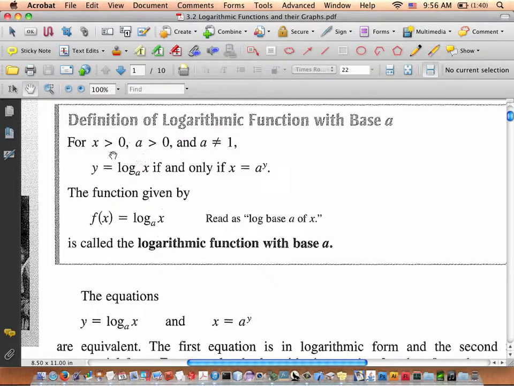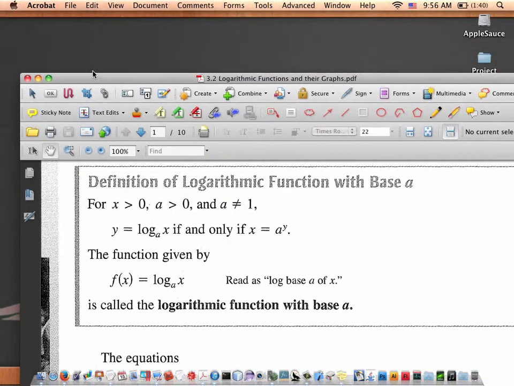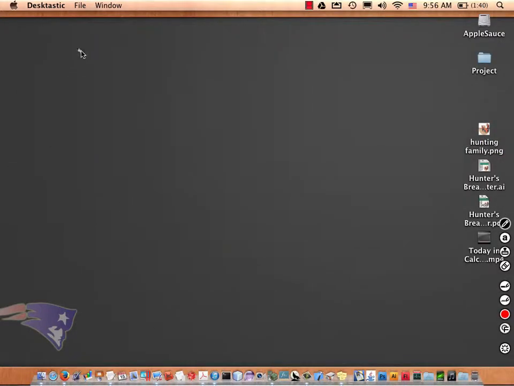But be careful about assuming that the moment you see a negative, it simply won't work. For example, the logarithm of negative x is a perfectly valid function, because there are values of x that I can plug into this.